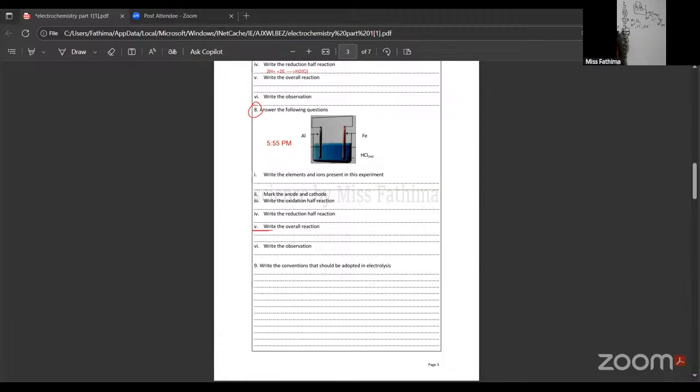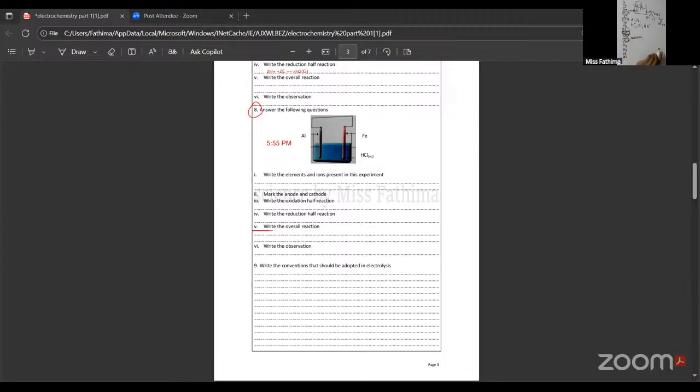Aluminium. Then aluminium will undergo oxidation. Which is below? Not iron. Hydrogen. Hydrogen will undergo reduction.